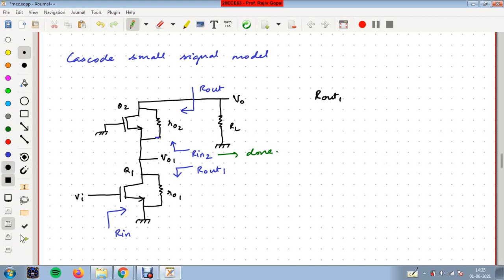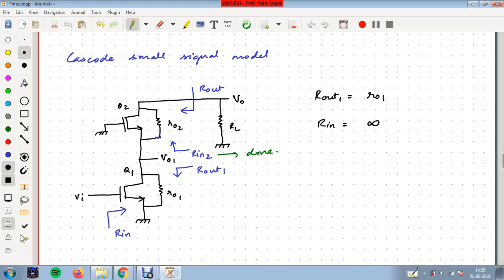If I look from the drain of Q1 downwards, I can see only one resistance, R01, so obviously Rout1 will be the same as R01. And Rin, since Rin is measured at the gate of the CS amplifier Q1, while looking into the gate of the CS amplifier, Rin will be infinite.